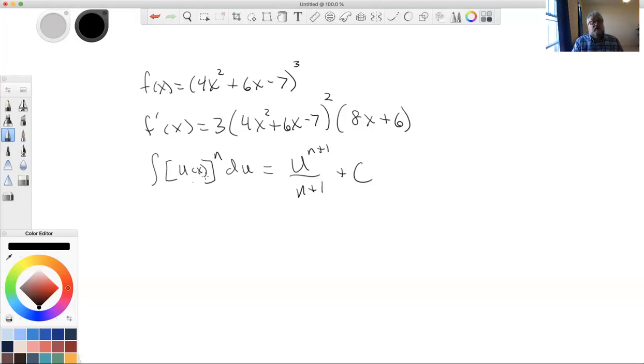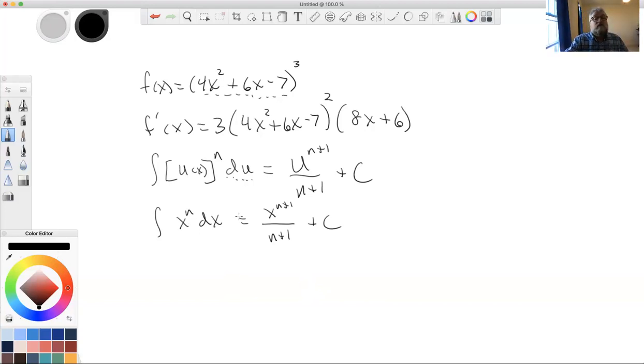Except u could be a function just like this was a function that we were operating on. So we have to make sure we have the right differential on the end. Now this is synonymous with x to the n dx, which gives x to the n plus 1 over n plus 1 plus c. Those are equivalent statements. One of them assumes this is a function. The other one is just a variable x.